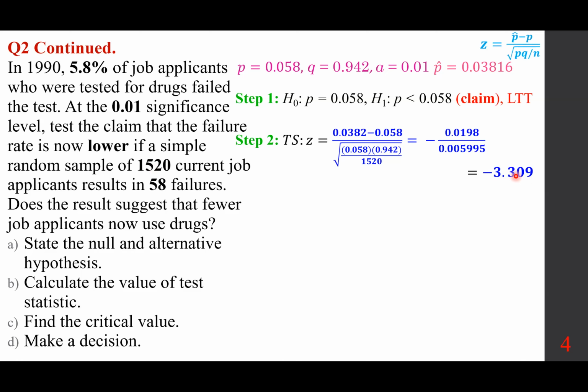So that's the second step. So first step is H0, H1. Second step is TS, short for test statistic.